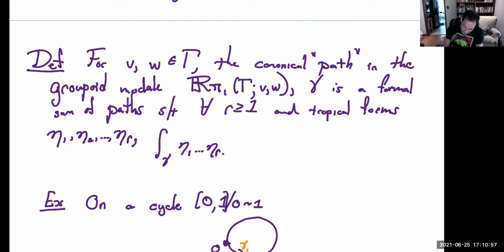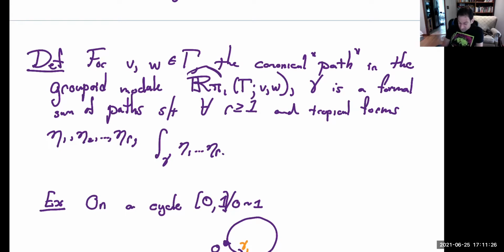It's going to be an element of the completed groupoid module. So it's a formal sum of paths between V and W, taken as a formal limit sum of paths in a certain topology.